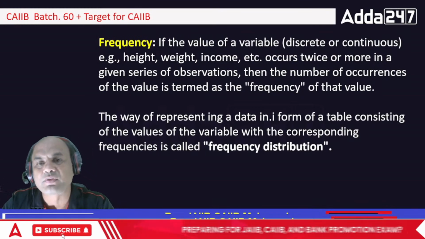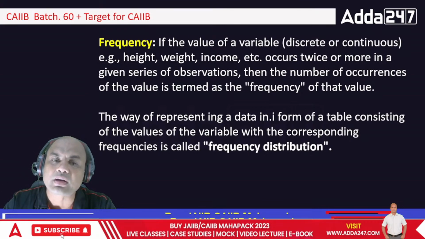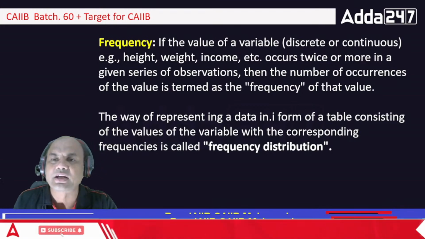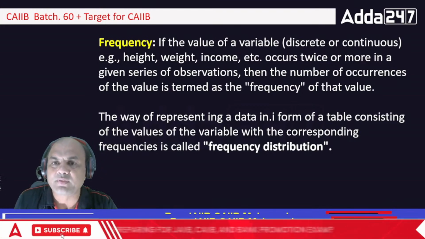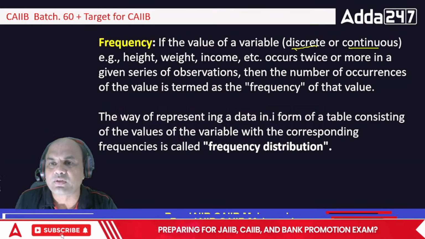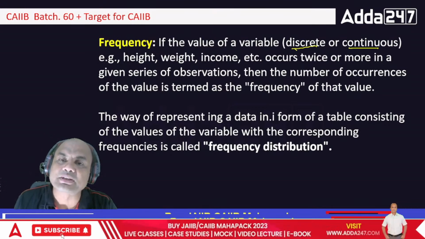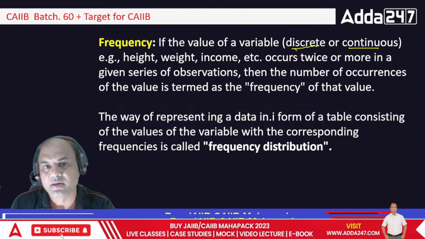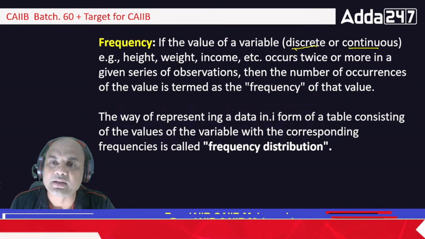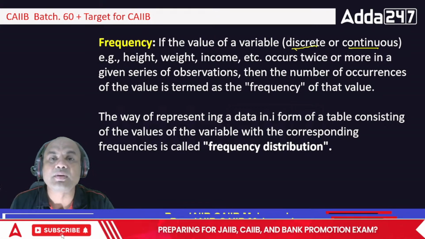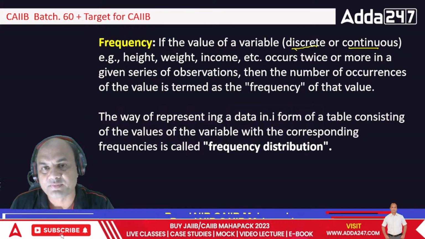Now what is frequency? The frequency of a variable, discrete or continuous. Firstly, understand this word discrete or continuous. Discrete means which can be separated. Suppose I am counting the trucks in the city. Those are discrete.